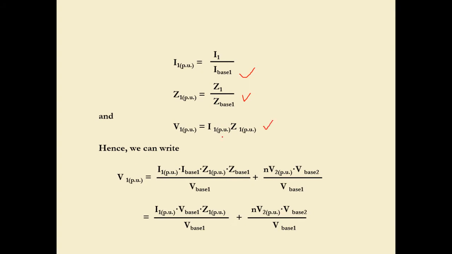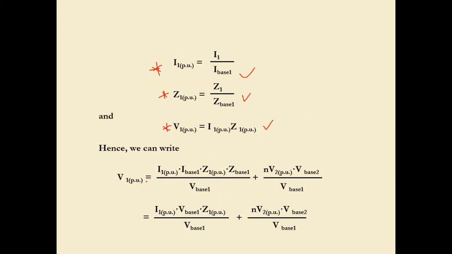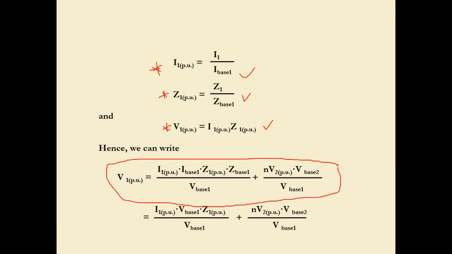So from these relationships, we can substitute into this equation, and then we try to simplify according to this formula, I1 PU, Z1 PU.